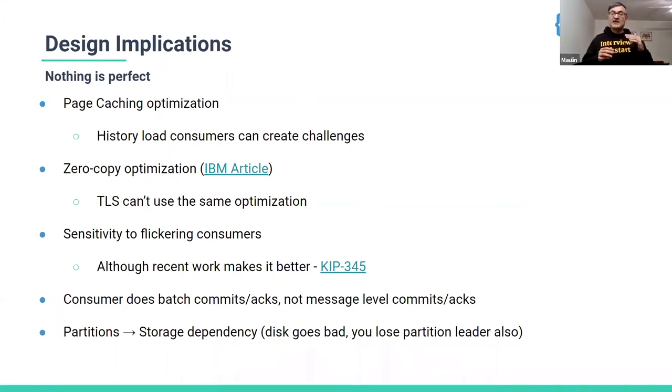So Kafka optimizes with zero copy, where it allows Kafka to make certain system calls to directly copy from the kernel buffer to the outbound socket, and the reverse way for the producer. However, when you use TLS, this zero copy optimization doesn't really work, because you need encryption, decryption, and the keys are with the client.